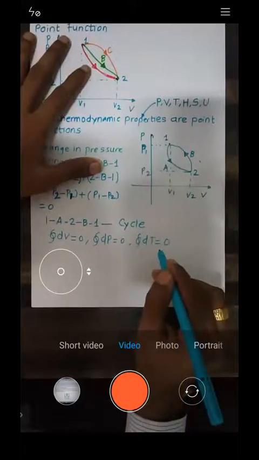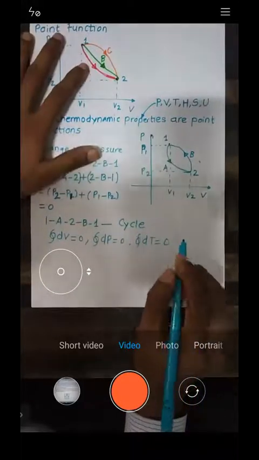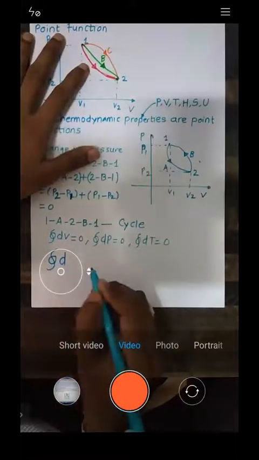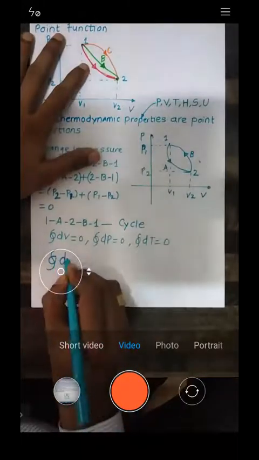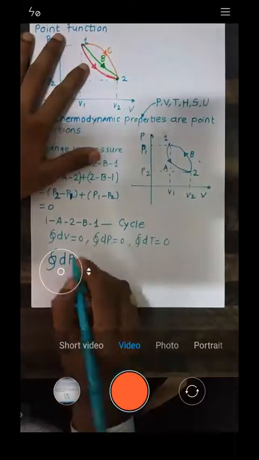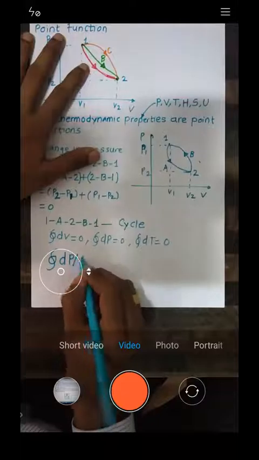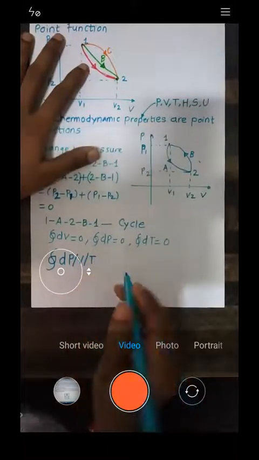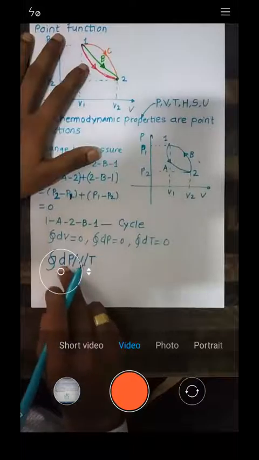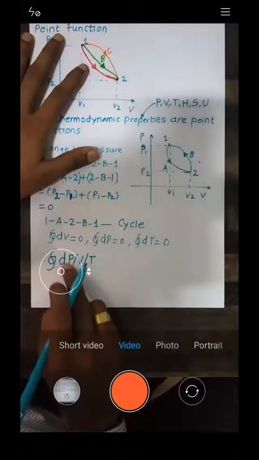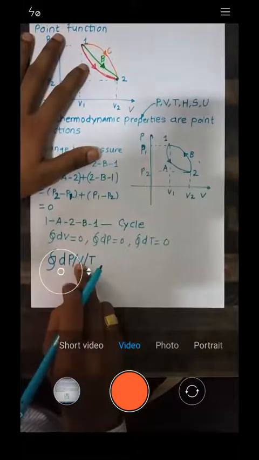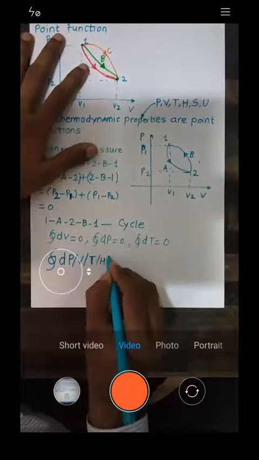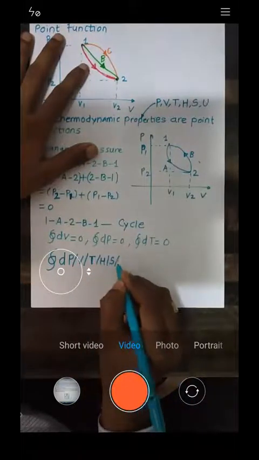In simple terms, if you want to write it down, I will simply write the cyclic integral of dP, change in pressure, or instead of P, you can put V, or T, or enthalpy, or entropy, or internal energy.